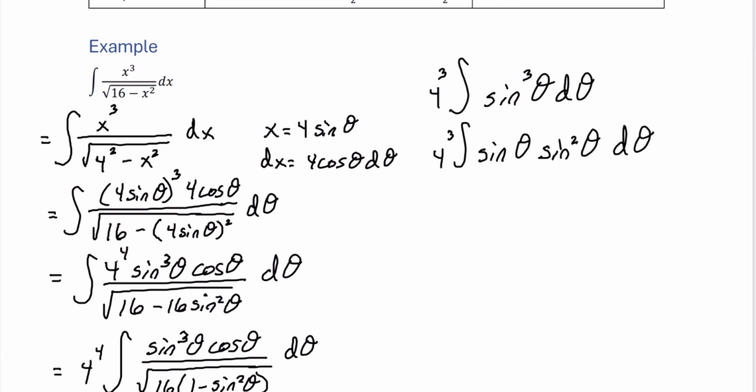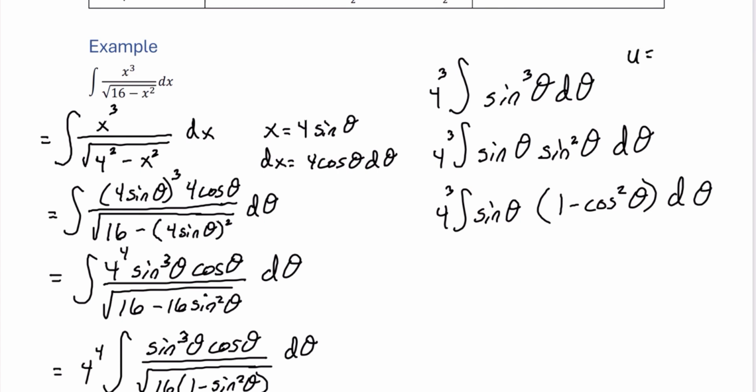The reason we do this is so that we can rewrite sine squared theta using the identity 1 minus cosine squared theta. Now we can make a u substitution. If we let u be cosine theta, du is negative sine theta d theta.